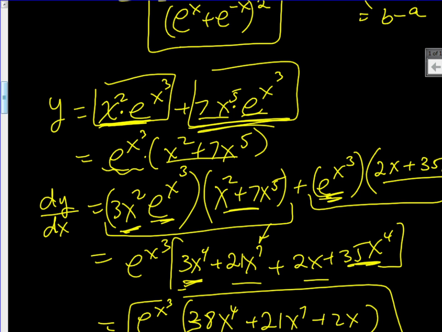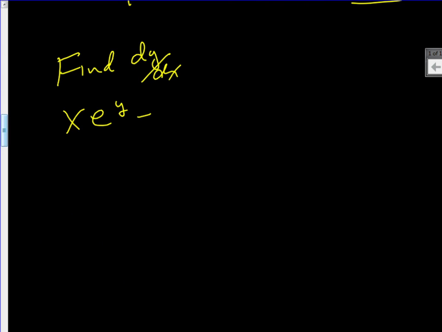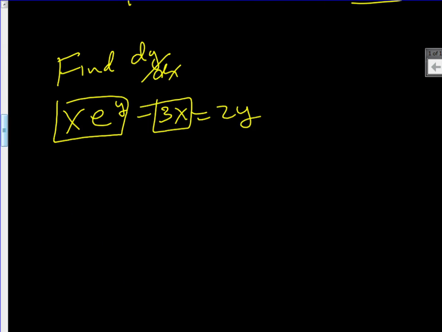Let us try another one. Suppose you're asked to find, let's actually write it down, find dy/dx. And you're told that the equation is x e to the y minus 3x is, say, equal to 2y. Take the derivative of this minus the derivative of that equals the derivative of that.